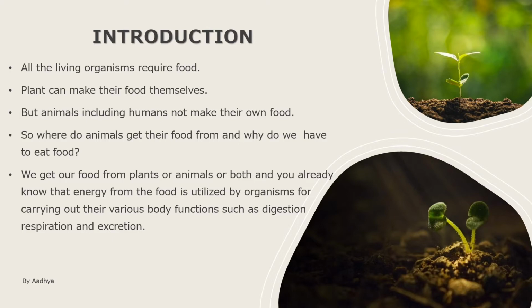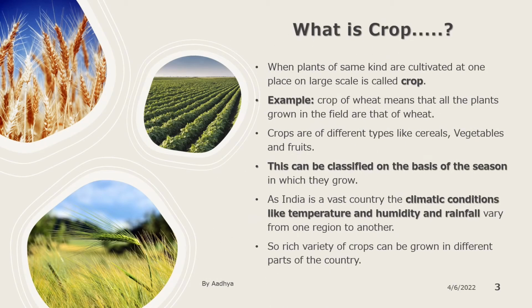So now, what is a crop? When plants of the same kind are cultivated in one place on a large scale, it is called a crop. For example, we say wheat crop. It means that in the whole area of the field, there are only wheat plants, no other plant.